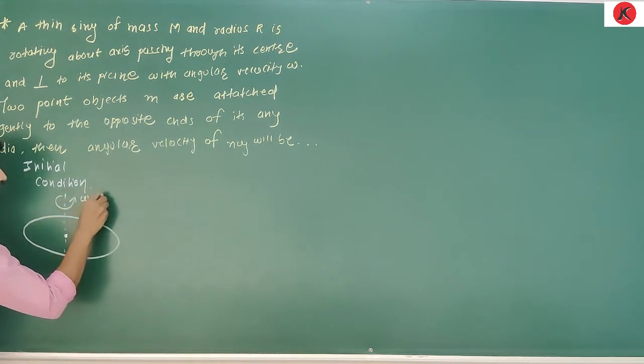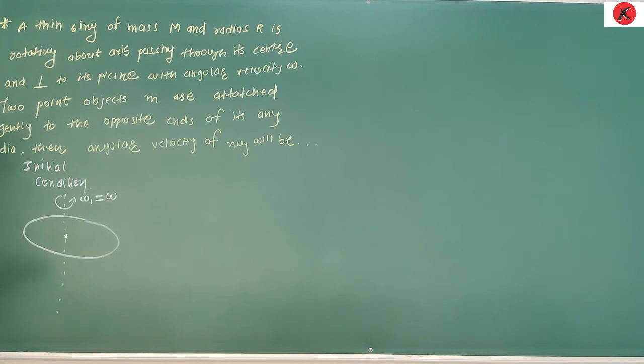So omega 1 is equal to omega. Simple. Now, two point objects of mass m are attached gently to the opposite ends of any diameter.